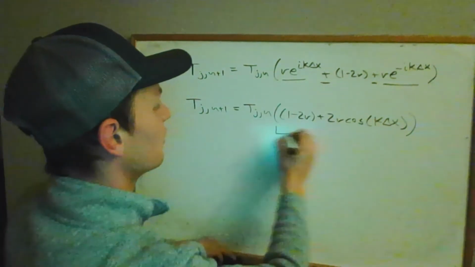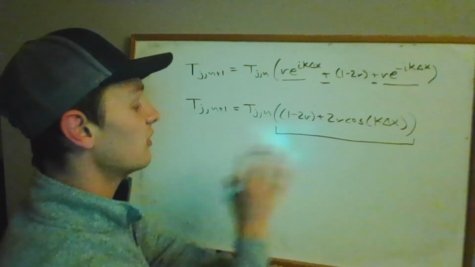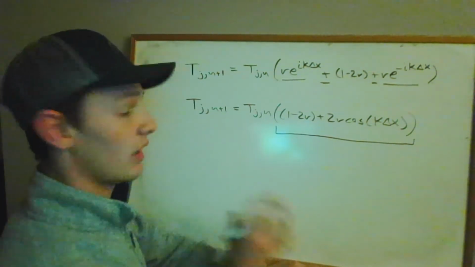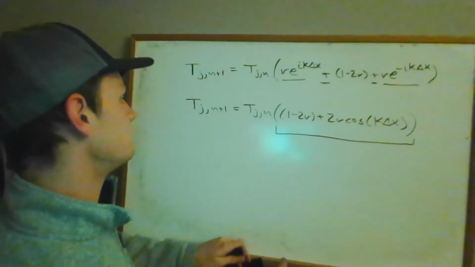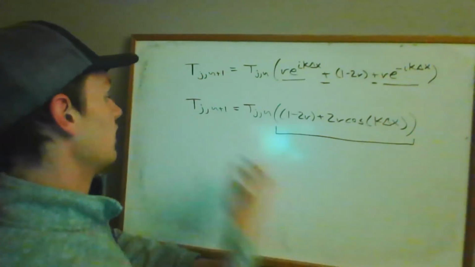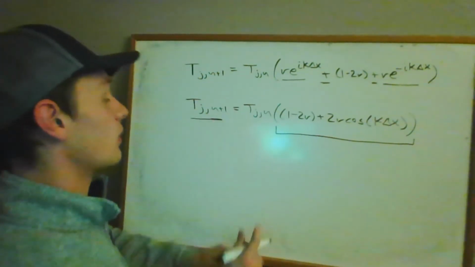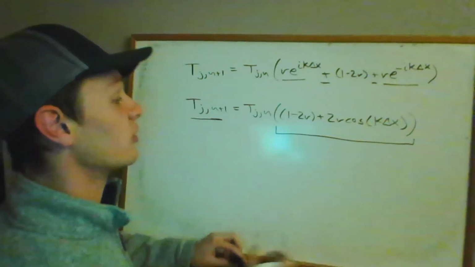Now, for the von Neumann stability analysis, this expression cannot be greater than 1, okay? Because if it's greater than 1, as we go to the next time step, and the next time step, this can get extremely large very quickly, or it can get very, very small very quickly.